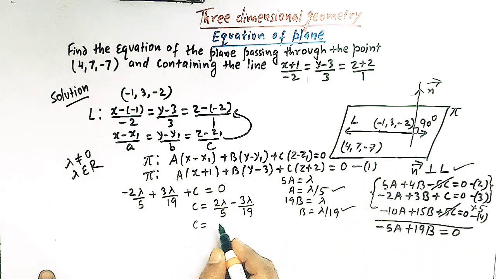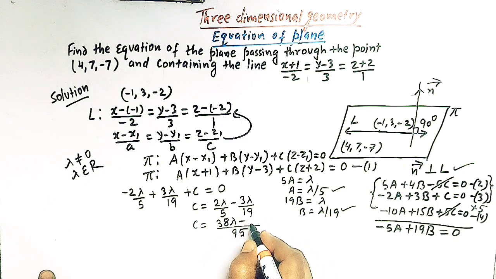So now here to get the value of c, we have to solve this expression, and here we can take the LCM. So we have the LCM of 5 and 19 as 95, and now taking the cross multiplication, we have 19 times 2 is 38 lambda, and then 5 times 3 is 15 lambda.